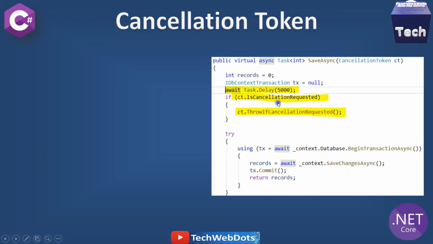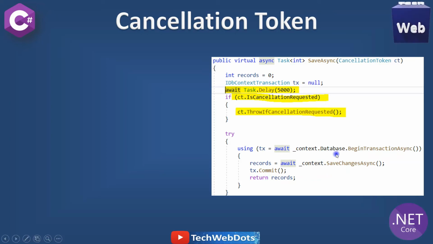But in an ideal scenario, when you are working in a real-time web application or enterprise-level web application or any type of application, if it is taking more time either because of in-memory processing, server-side processing or database processing, then it is really helpful to automatically cancel the long-running task and perform the action that you really want to do.